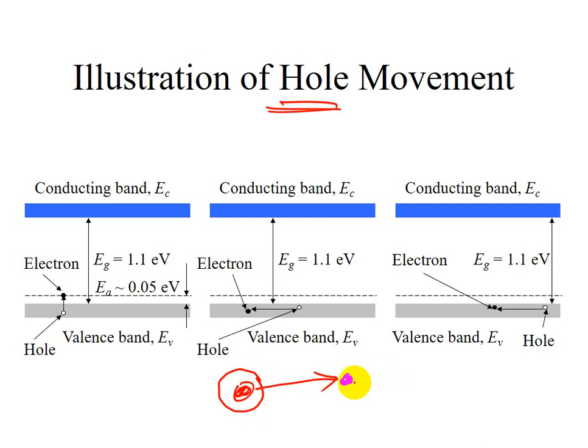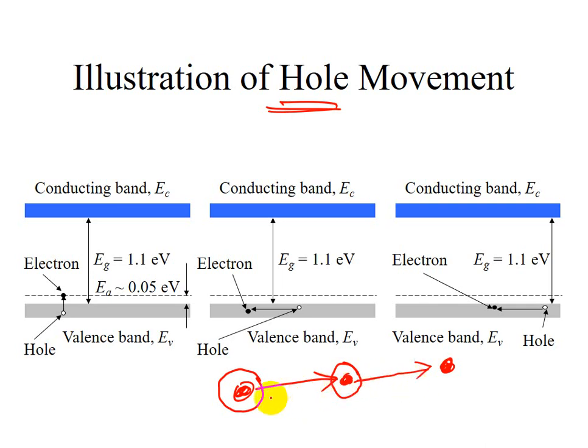Next, when the electron moves to another place, a hole is left behind. It looks like the hole is moving.